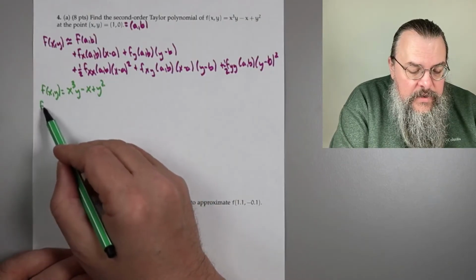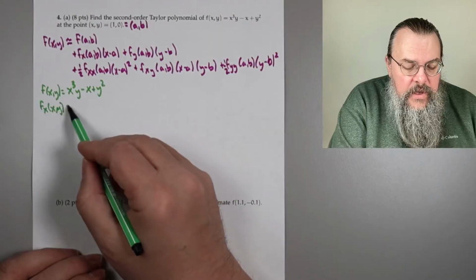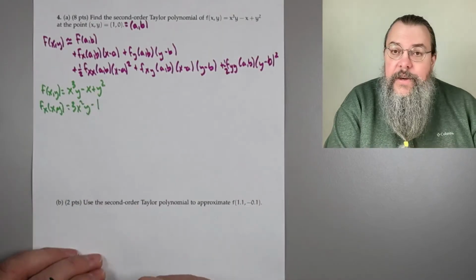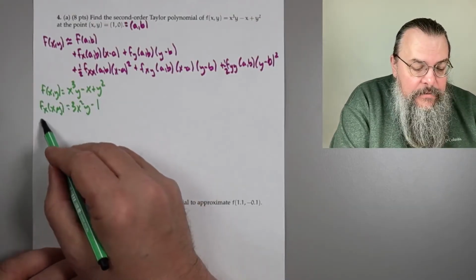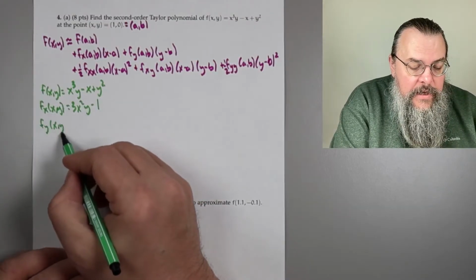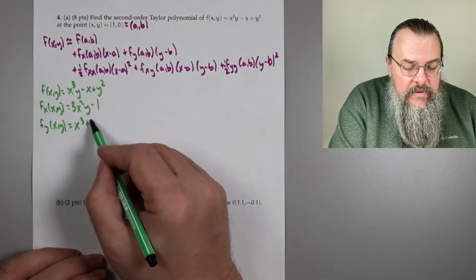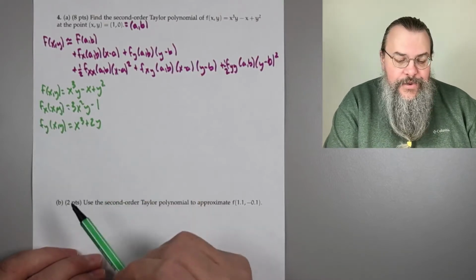So we have to take the first derivatives. f_x of x y: we're treating x as our variable and y as our constant, 3x squared y minus 1. f_y of x y: now y is our variable, and x is like a constant. So you get x cubed plus 2y.